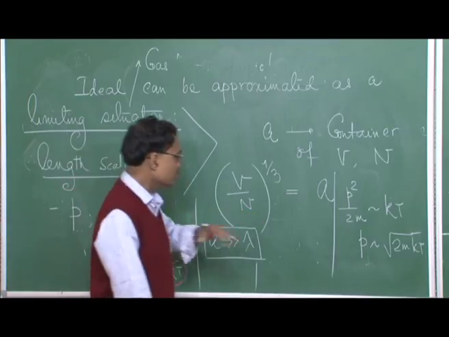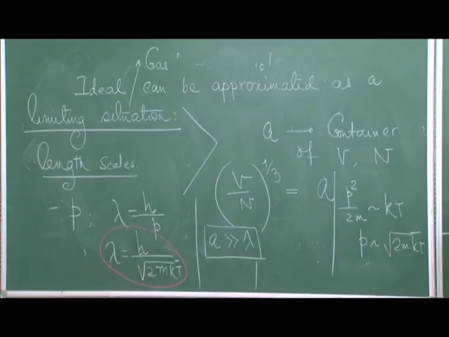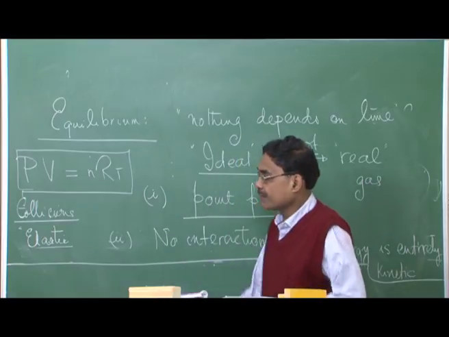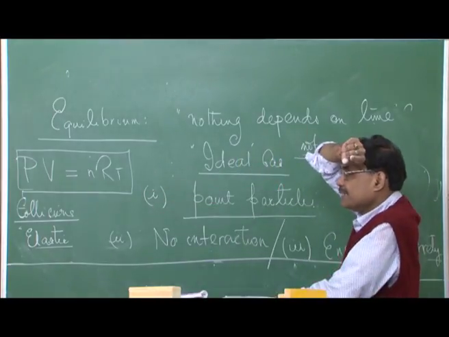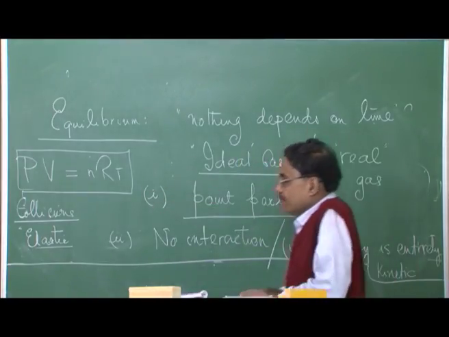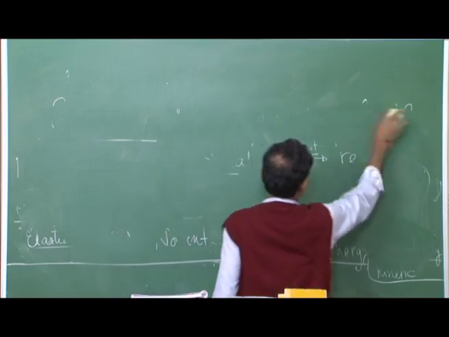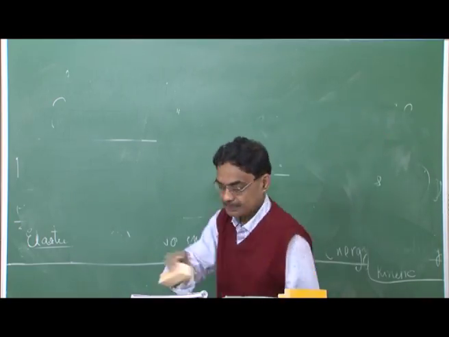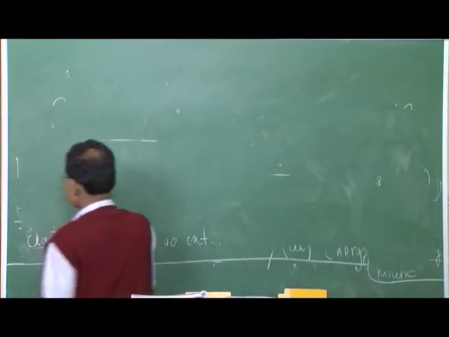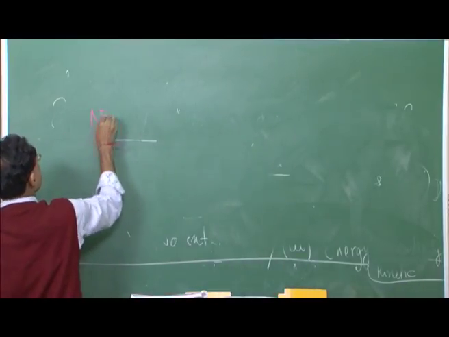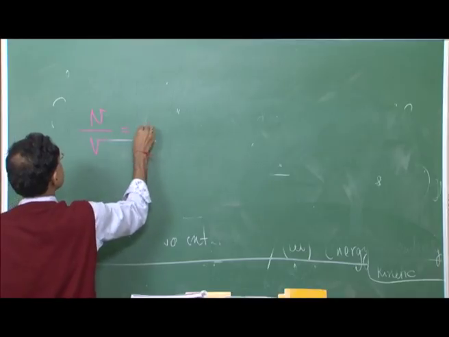Now, I leave it for you to think about the quantity V by n. This is the inverse of density, because density is typically given by n over V. So n by V is my density.